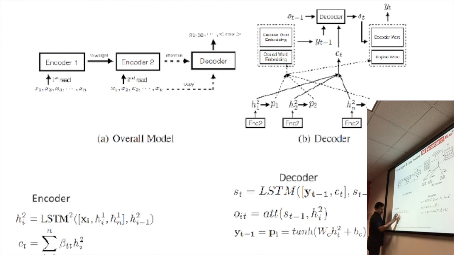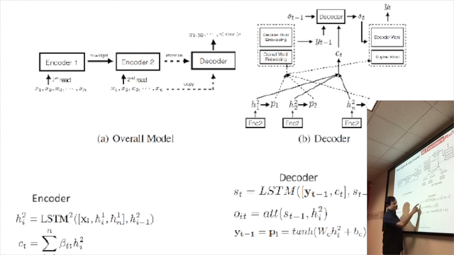All of these factors, you apply a nonlinear activation on these data, and you get the final hidden state of the encoder. And from there you compute the context vector at timestamp t, which is a summation of certain weights and the hidden state at each timestamp of encoder 2. Anyway. And once you have that, you go to the decoder and you create the hidden state. In this case it is represented as S.